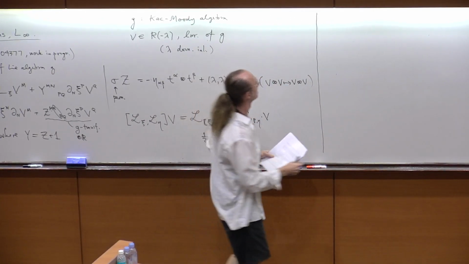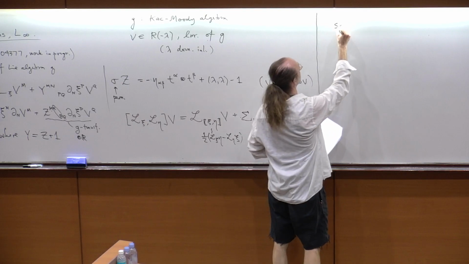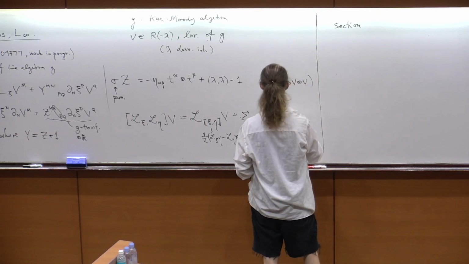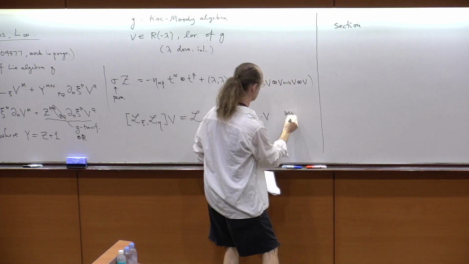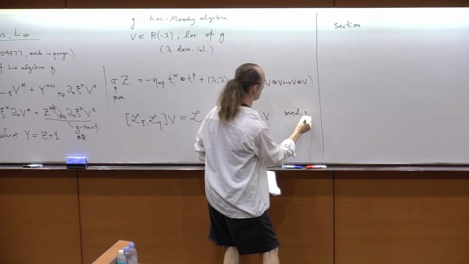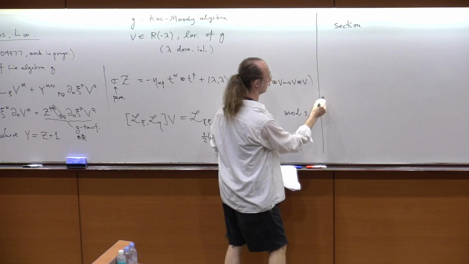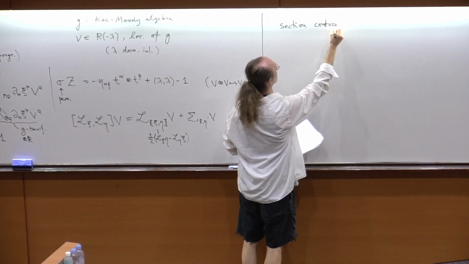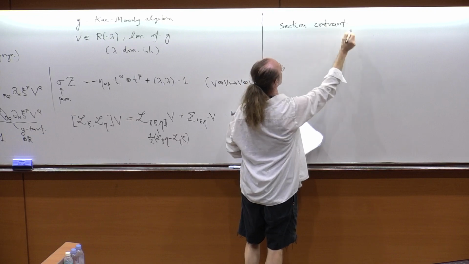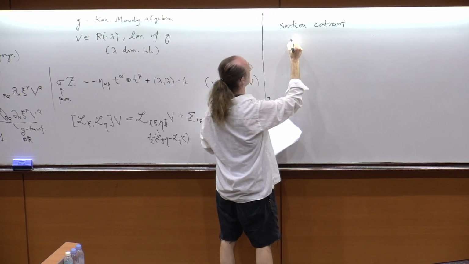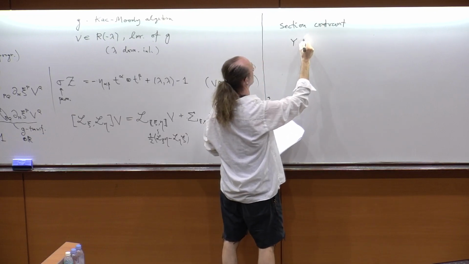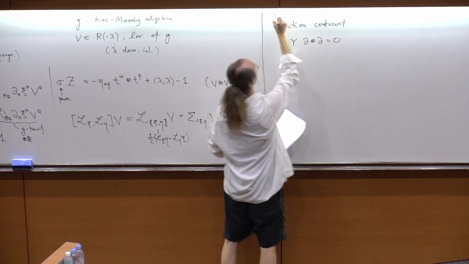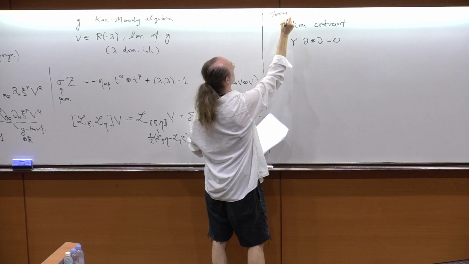But of course, this is modulo the section constraint. And the section constraint always reads, strong.